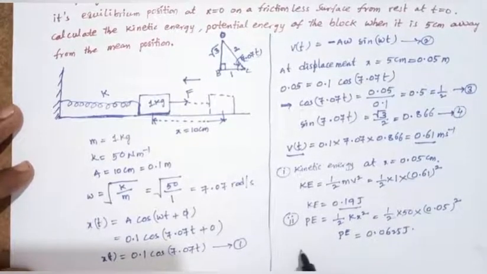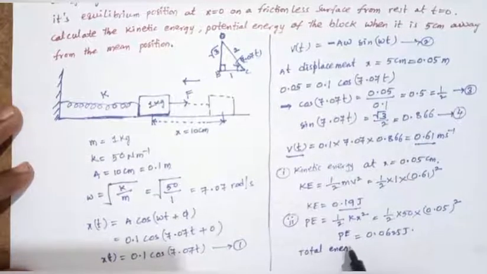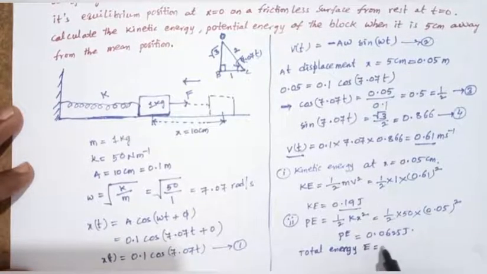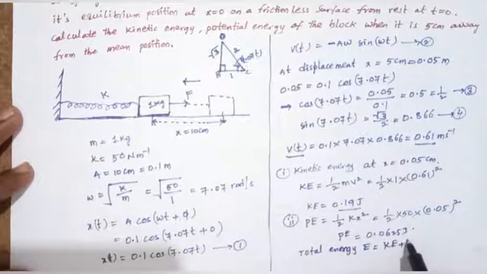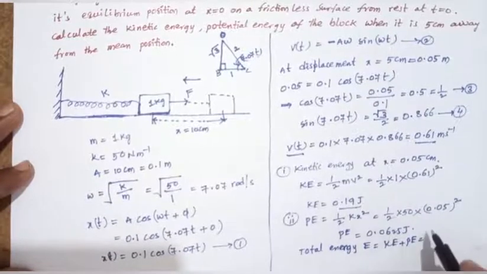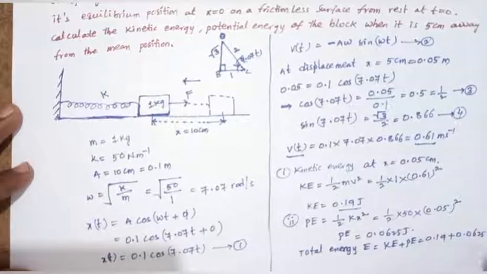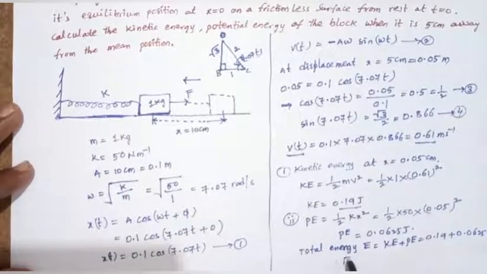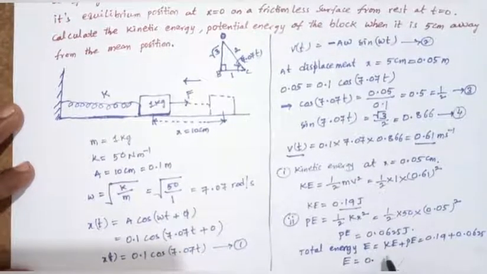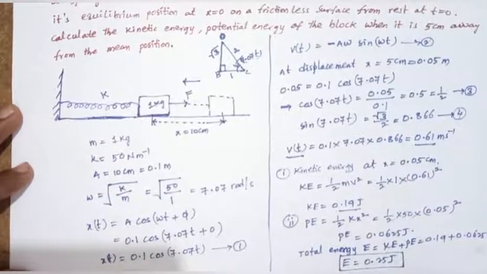So what is the total energy? Total energy equals kinetic energy plus potential energy. Kinetic energy is 0.19, potential energy is 0.0625. So E equals 0.25 joules. This is the total energy.